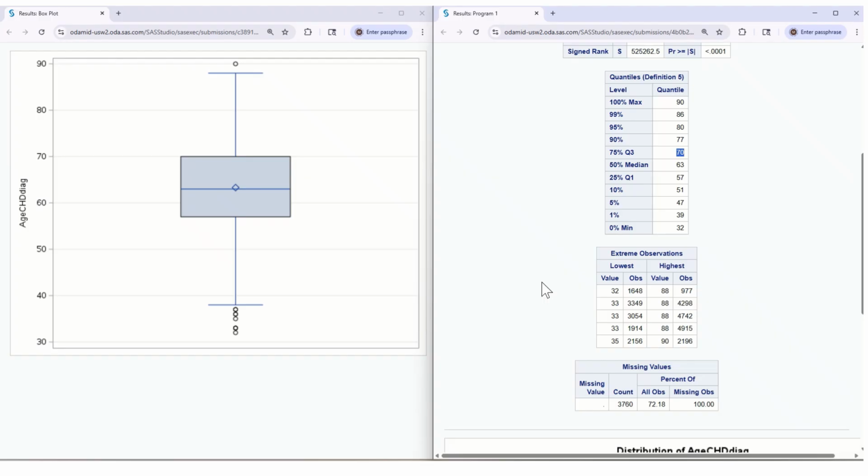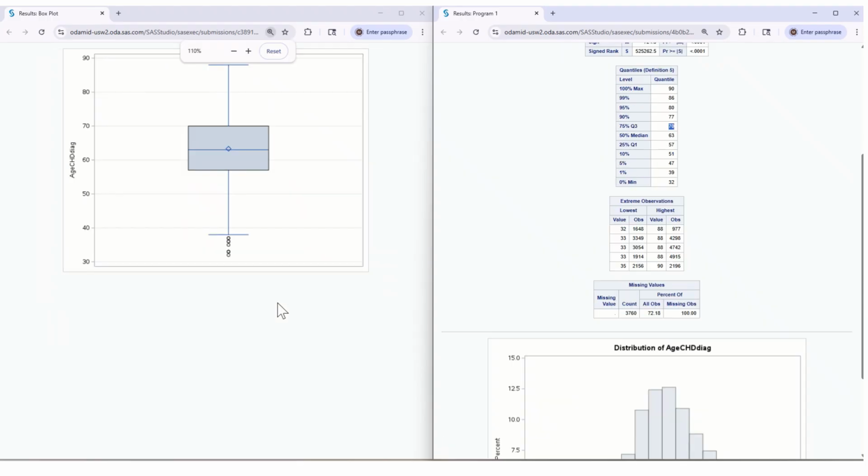So if we multiply 13 by 1.5, it comes down to be something like 13 plus 6.5, so something like 19.5 or 20. So it will just extend 20 years below and above, and all the values which are beyond that 1.5 are considered the outliers.